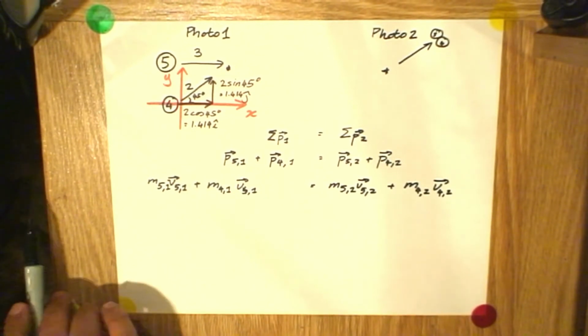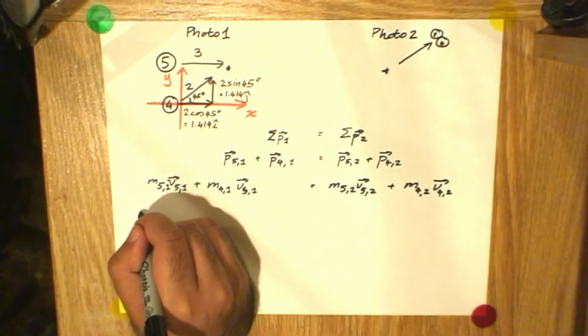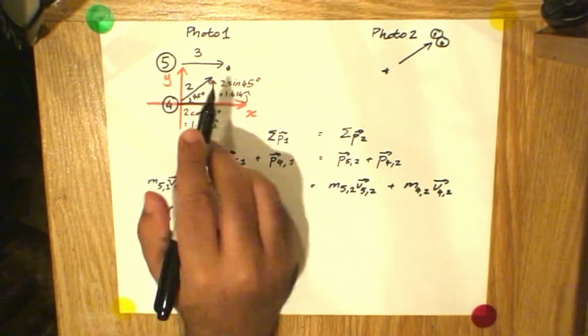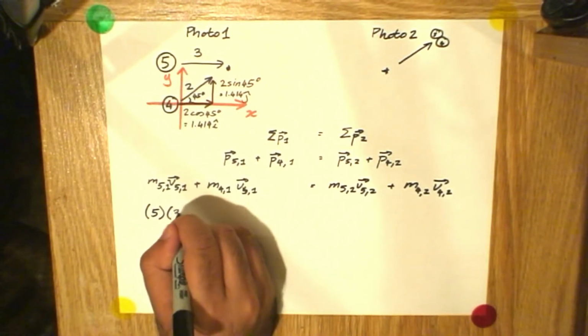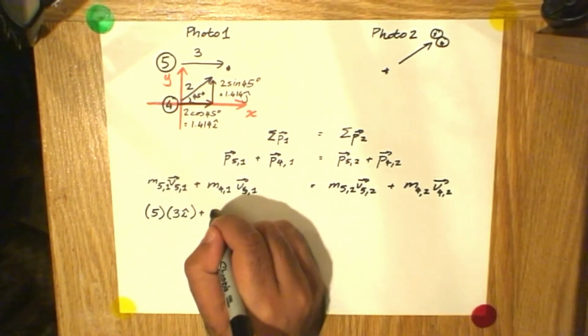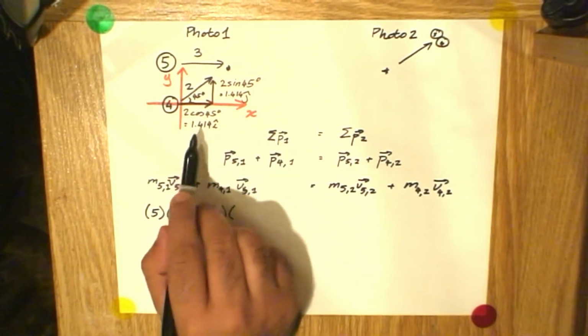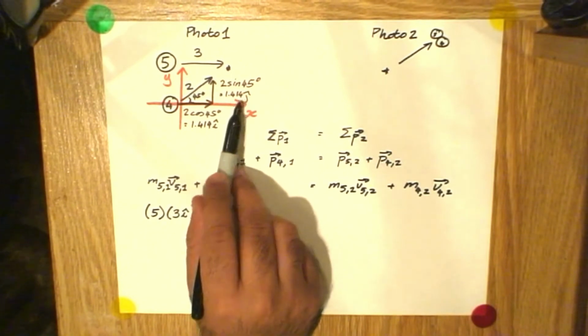Now, let's throw in all of the information that we know. The mass of the 5 kilogram is, of course, 5, and its velocity is 3 in the x direction. That would be 3 i hat, plus the mass of the 4 is 4, and its velocity is 1.414 i hat plus 1.414 j hat.